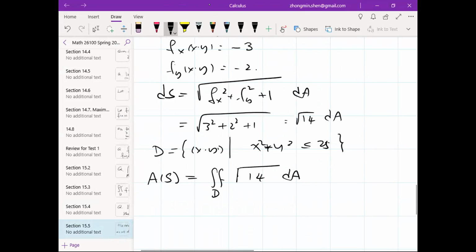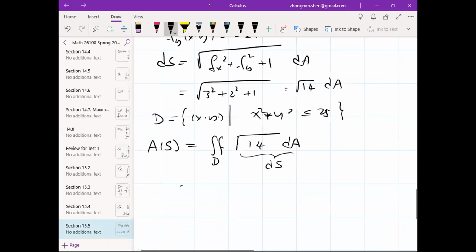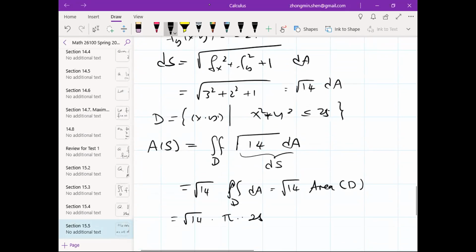This is actually the ds part, the surface area element. Add them together, so you only get the double integral of dA, which is just the area. So it's very simple now. It's just the area of D. This is a disk of radius 5, so it's pi r squared, and r squared is 25. So this will be the answer.